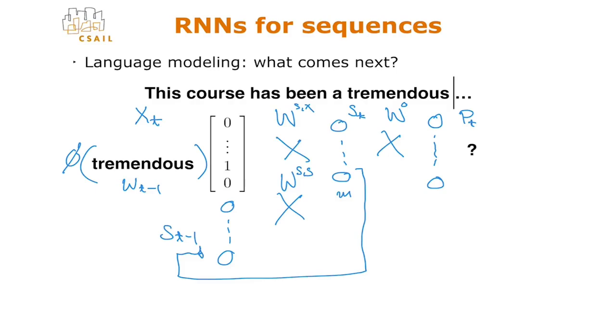So let's see how this model can actually look further and further into the preceding history. So clearly the state that we have at time t is the only information that we use to make a prediction about the next word. So let's look at what's in that state description. Clearly the one-hot vector representation of the preceding word is affecting that state. But also the preceding state is affecting how the hidden state activations are calculated.